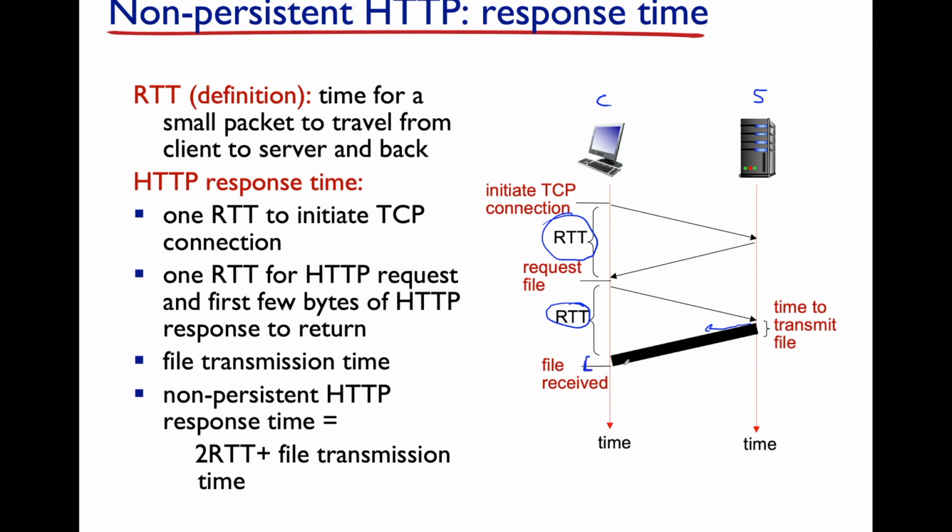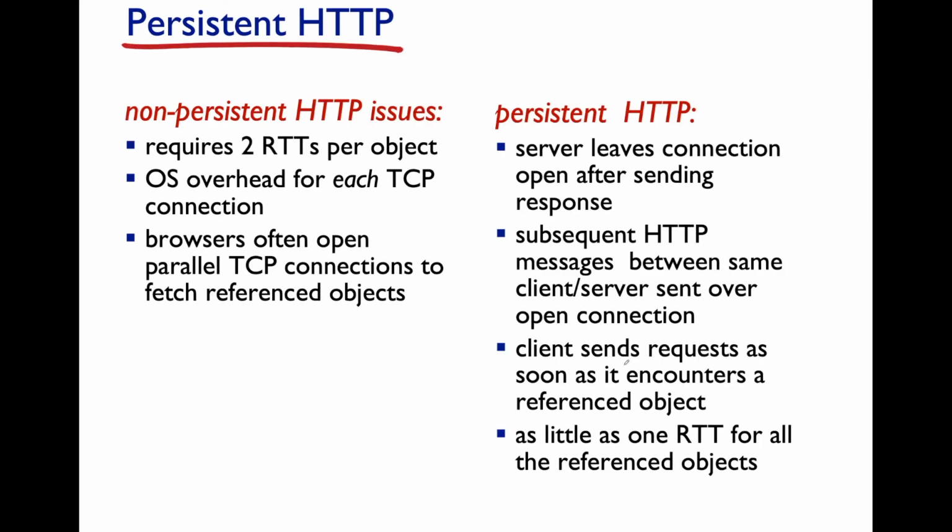And so for a non-persistent HTTP interaction between the client and the server, it requires 2 round trip times plus the file transmission time for that connection. So if you have 10 objects, each gets its own unique TCP connection, you're going to pay the cost of this 2 RTT plus file transmission for each of those objects.